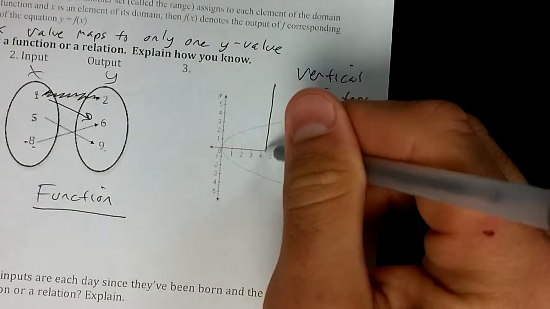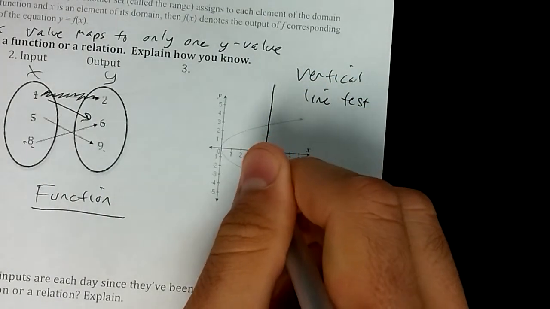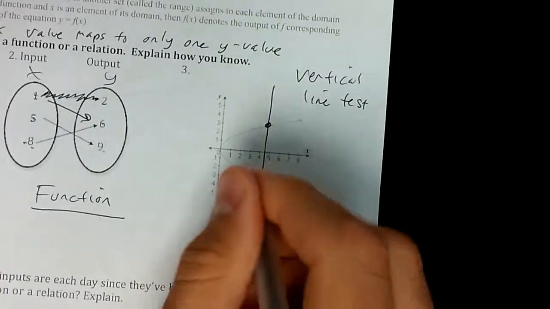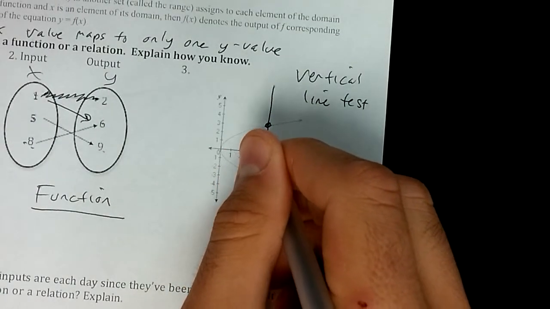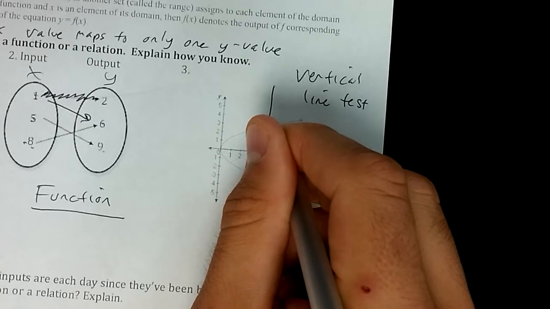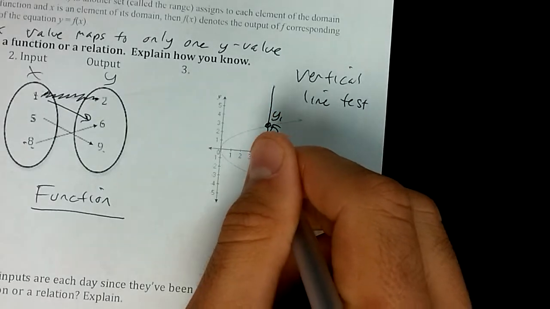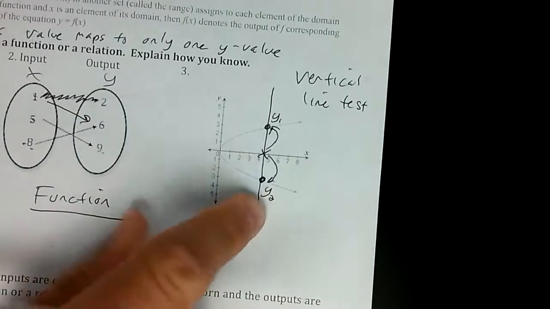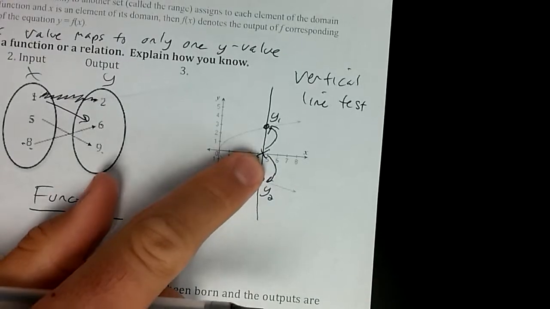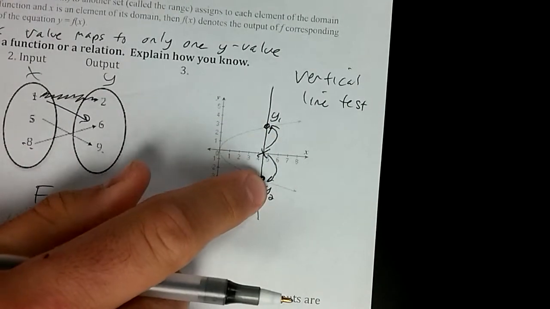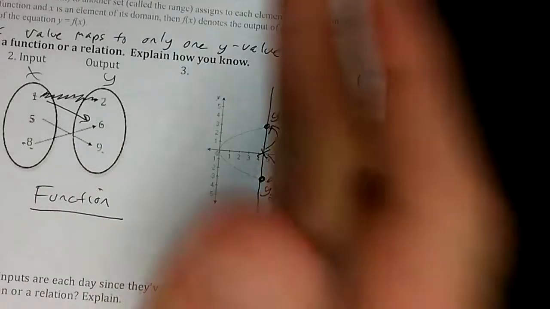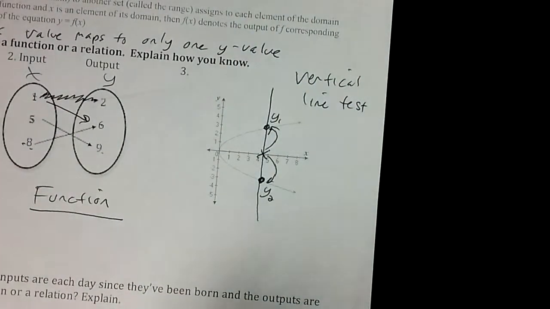So if I draw a vertical line anywhere, there. Hits once, hits twice. So essentially what you're saying here is that this x value right here, it maps to this y value and to this y value, which, as we already said, is not okay. Every x value has to have only one y value. So when you make this vertical line hit in 2 spots, you're essentially proving that this is not a function, but rather just a relation.